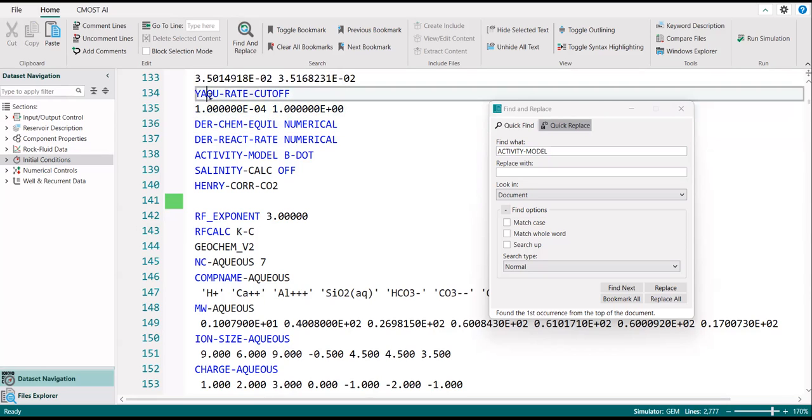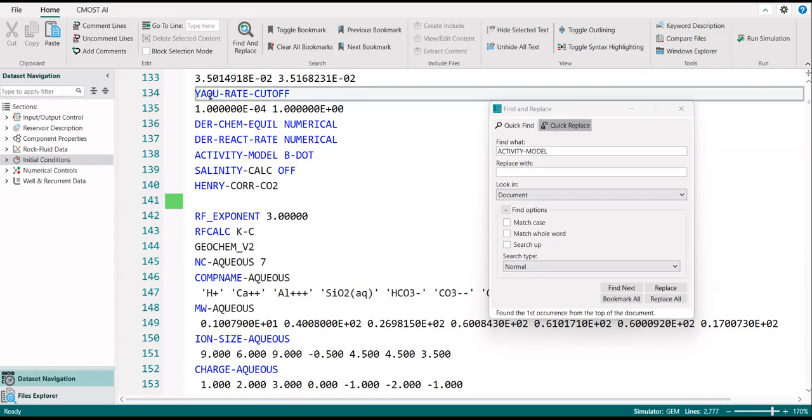Again, mineral dissolution or precipitation rate will be set to 0 if the mole fraction of the gaseous component in the aqueous phase is less than the specified limit. If you're interested, you can go back to my WinProp video. I already talked a little bit about that.